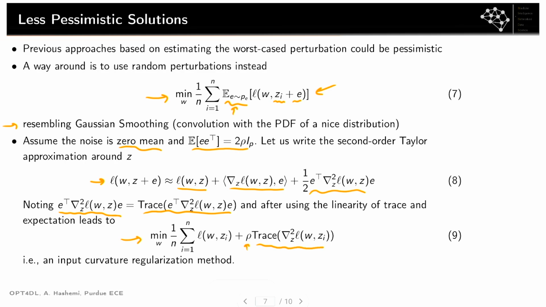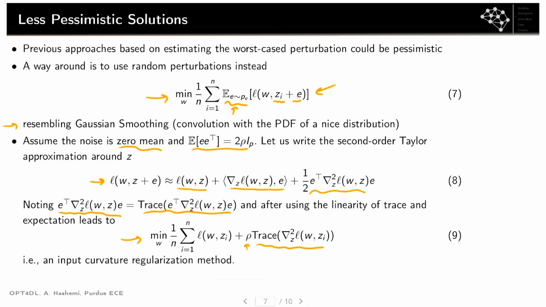So in some sense, this is also capturing sensitivity. It is penalizing the sensitivity of the model with respect to perturbations in the input space. However, compared to the approach we talked about before, which was using the norm of the gradient to quantify sensitivity, this one is using the trace of the Hessian.